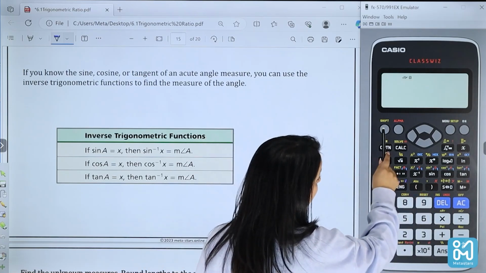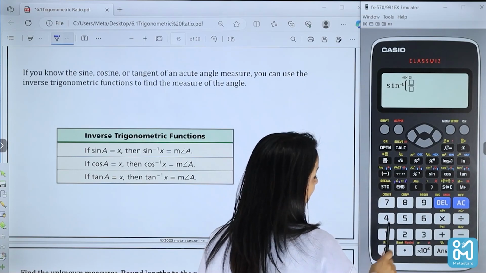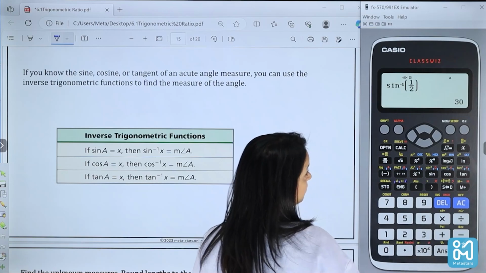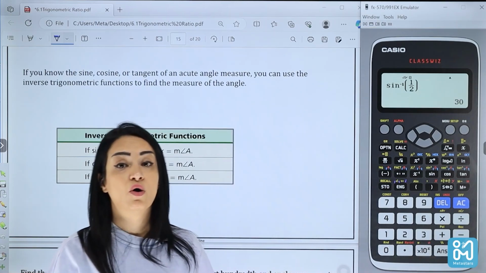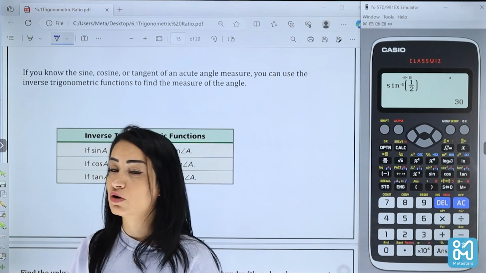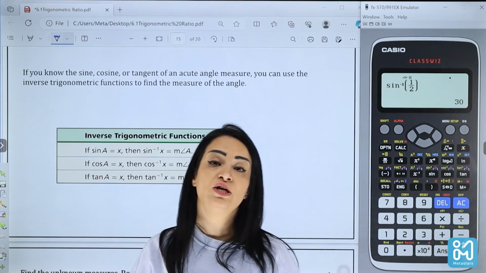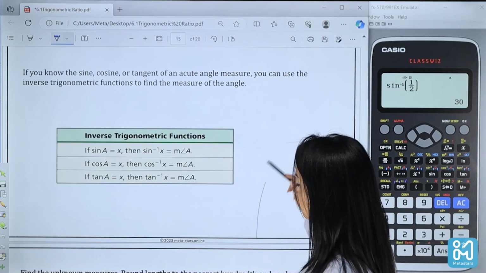Shift sine. Suppose the value of the sine is equal to half. So the angle is equal to 30. Or shift cosine or shift tan. So if we know the value of the sine, cosine, or tan, it's enough to do shift sine, shift cosine, shift tan to find the value of the angle.